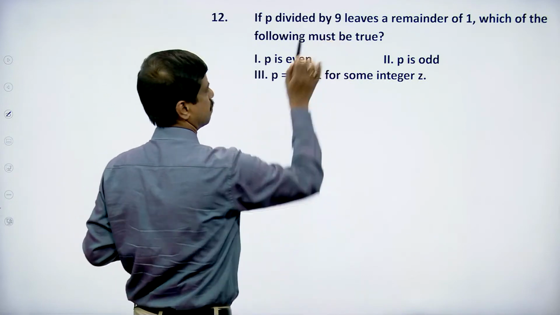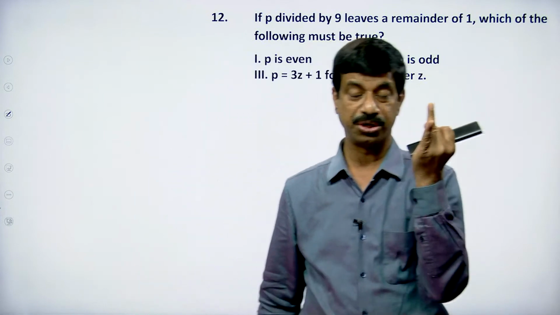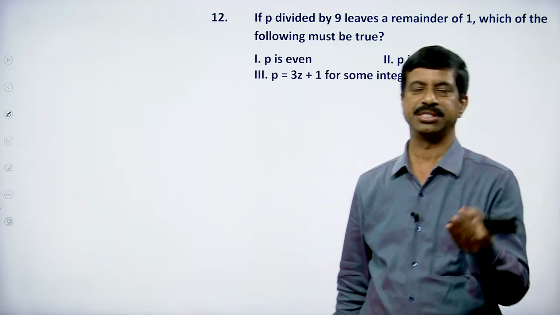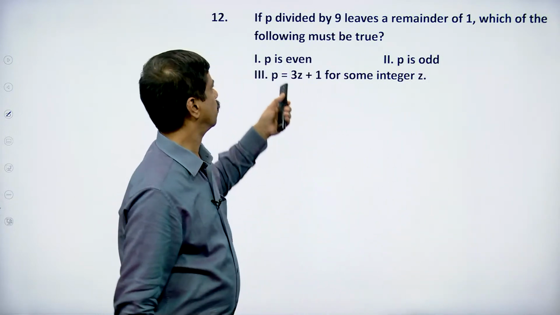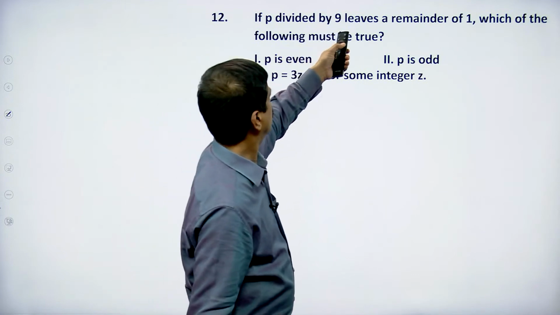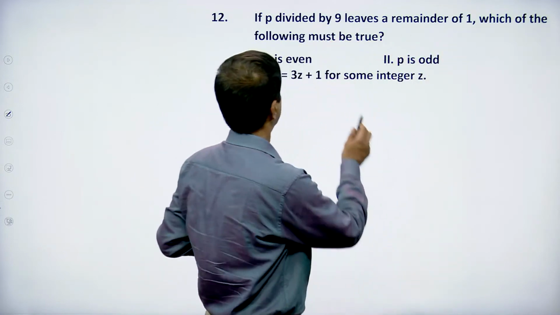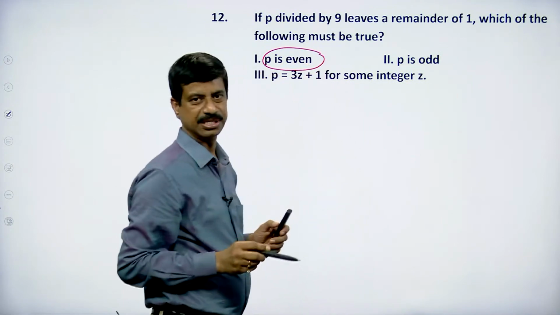Means all multiples of 9 are odd. 9 ones are 9, 9 twos are 18. Whenever it is multiplied with an even number, it is even. So now, what is that he says? The remainder should be 1. Okay. So now, p is even, he says. P is even, he says.